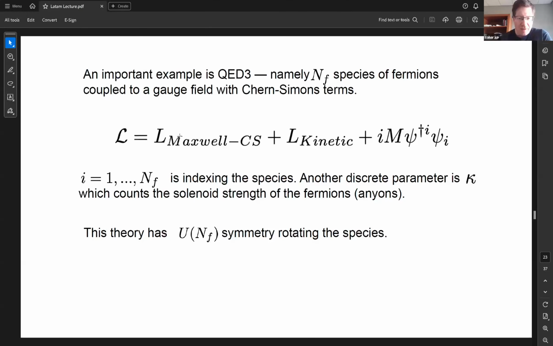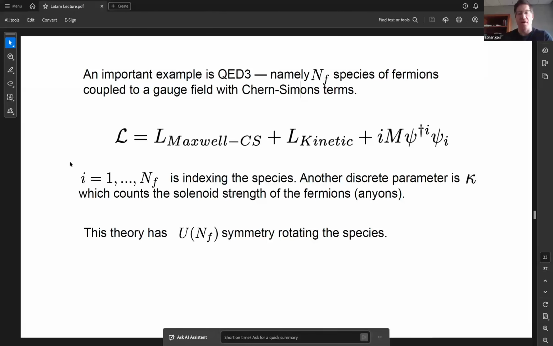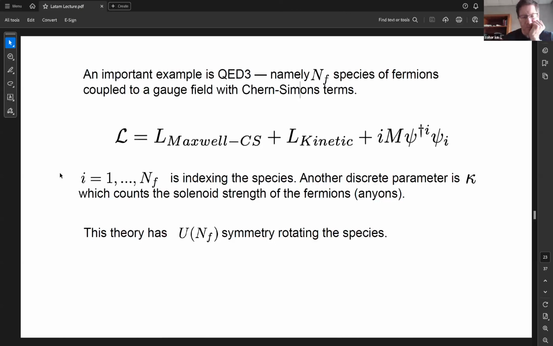But actually, inside this piece of the Lagrangian, there is a Chern-Simons term. So the actual excitations, if you hit the vacuum with a fermion, psi, you don't create an ordinary spinor. You create an anyon from the vacuum, and it will have all this funny braiding because of the solenoid magnetic flux. So that's how we write Lagrangians for anyons.